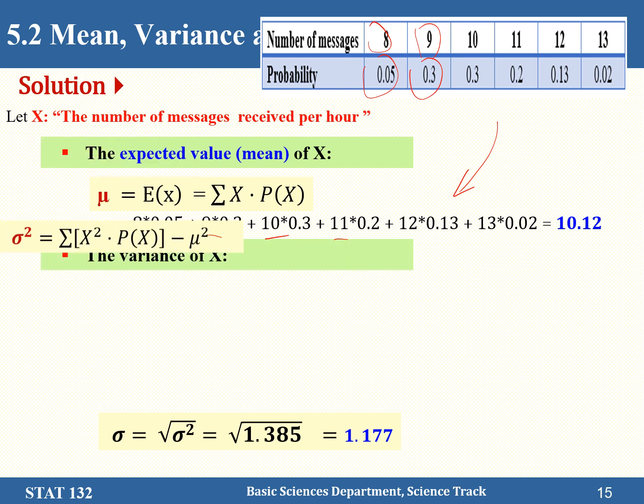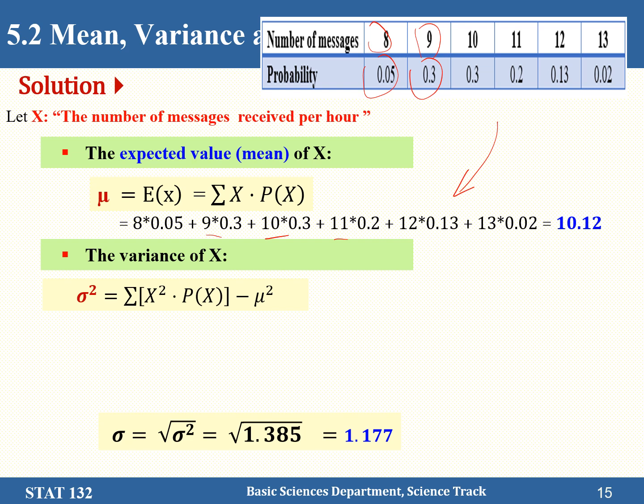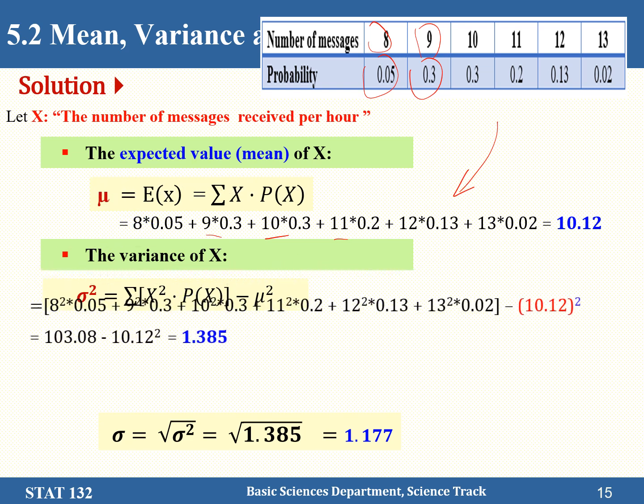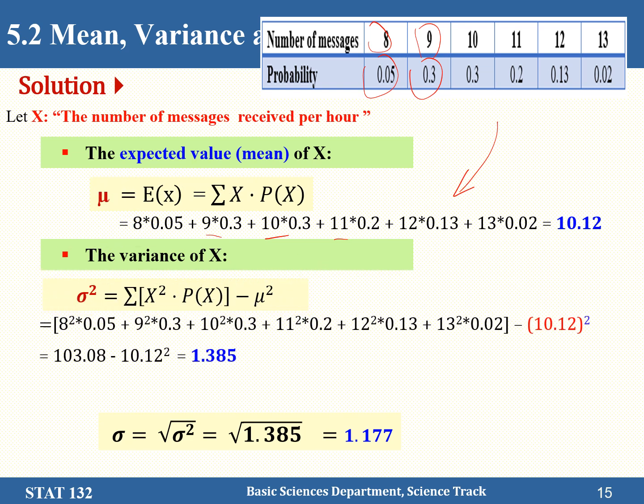And the variance of X. So we have a formula for it again. This is x squared, and the value x takes, 8 squared times its probability 0.05. This will be done for all of them, and we will add all of them. So 9 squared times 0.3, 10 squared, up to 13 squared times 0.02.